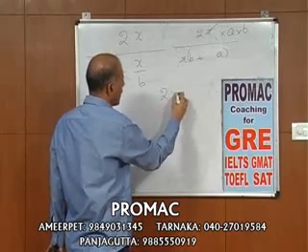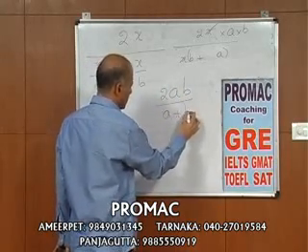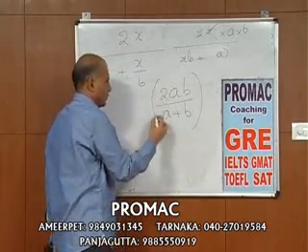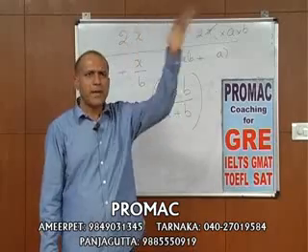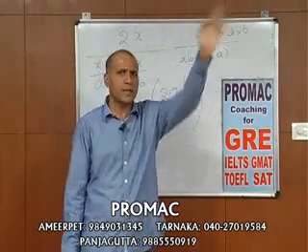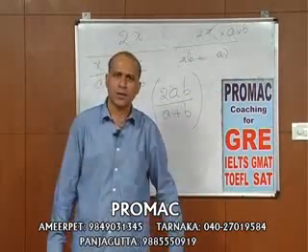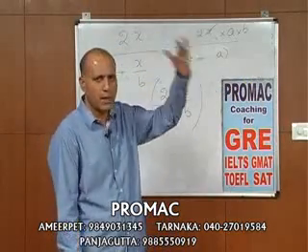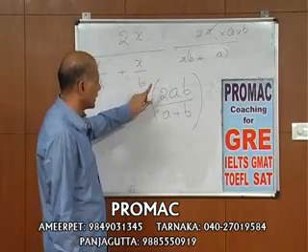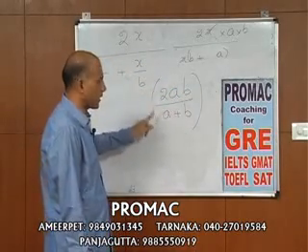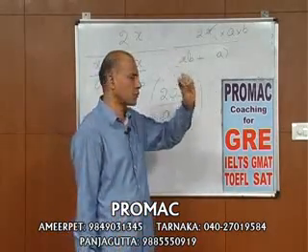So I got a form 2ab by a plus b. So whenever I am talking about mean speed, one direction I go at one speed, return direction the same distance I travel at another speed, mean speed of the total journey is 2ab by a plus b. It is a variation of total distance by total time.